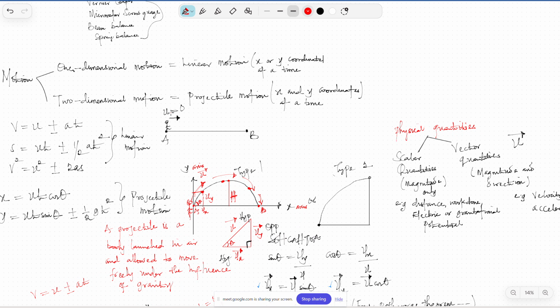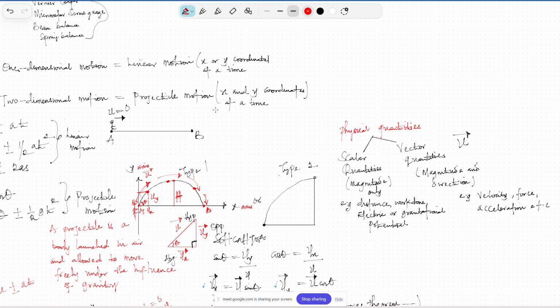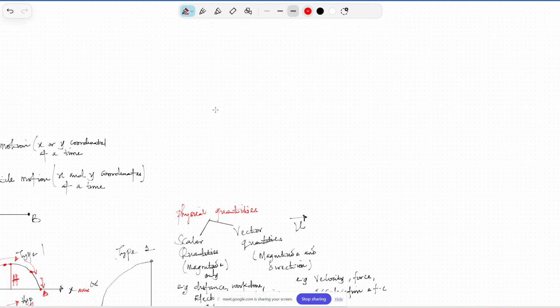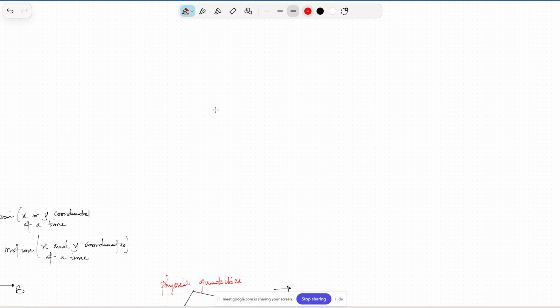All of these things I've been explaining are under the field of kinematics, which is the study of motion without making reference to the force that actually causes the motion. However, if you want to study the motion and the cause of the motion, that is dynamics.